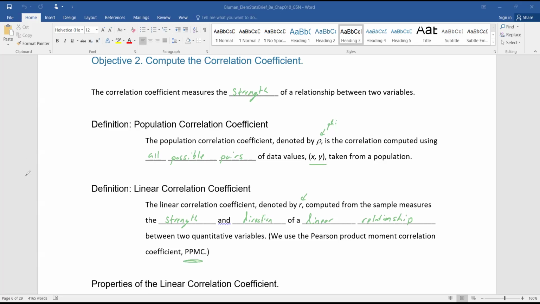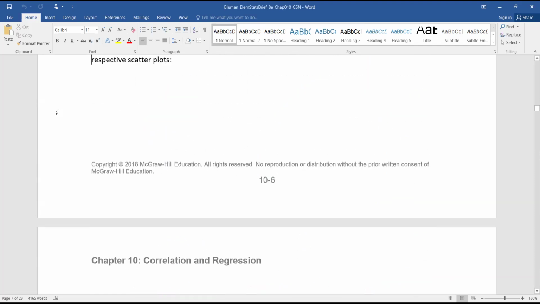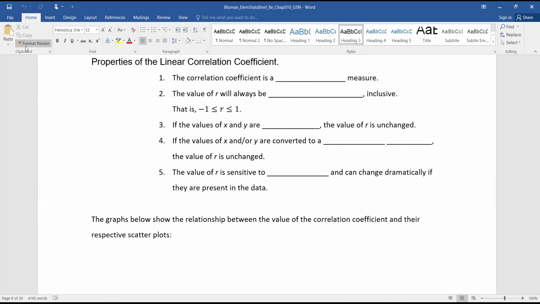All right, so let's break these properties down. The properties of a linear correlation coefficient: first, the correlation coefficient is a unitless measure. It does not have a unit. The number just means something.